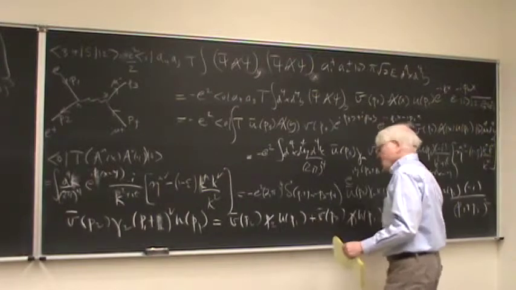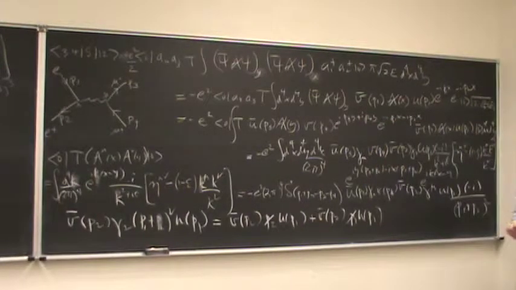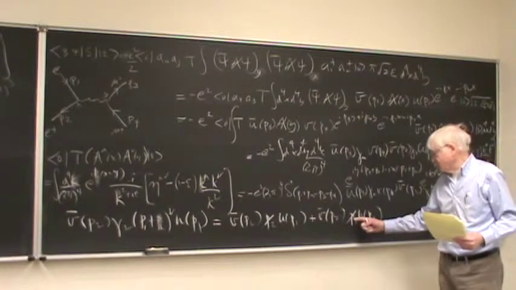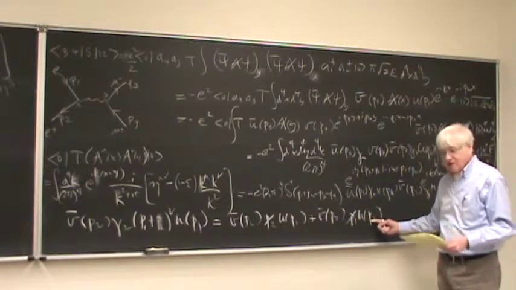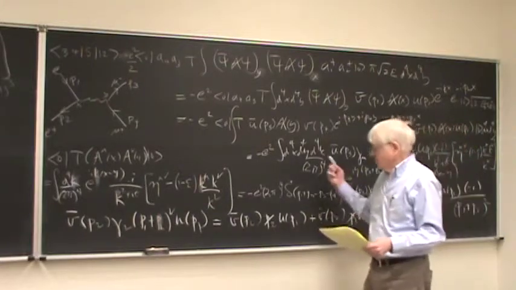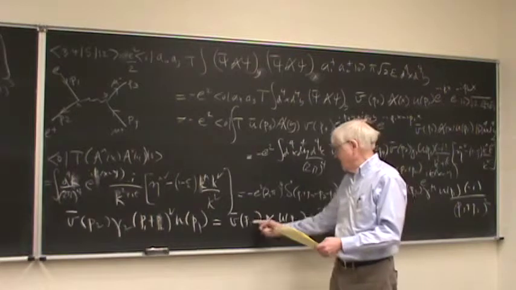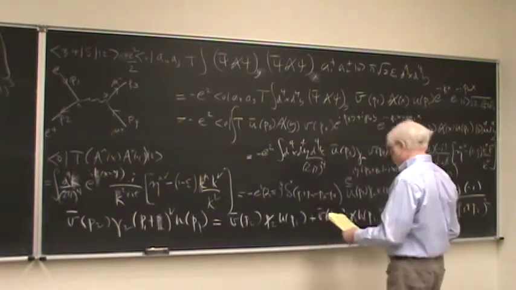Well, the Dirac equation in momentum space is that p slash on u of p is minus m u of p. And when you take the adjoint and have a gamma 0, and it's acting on the v, you get a plus m.